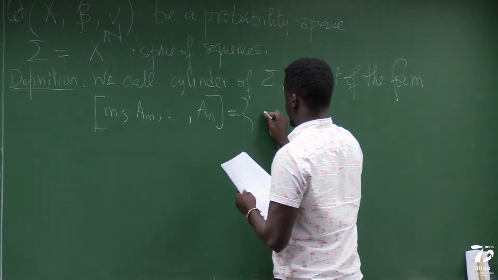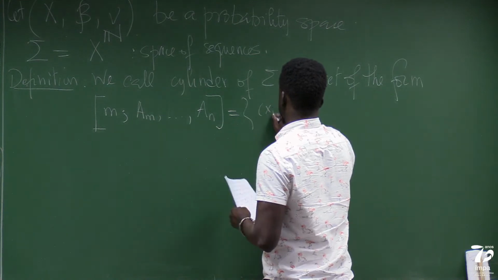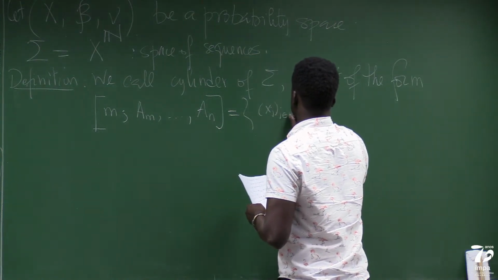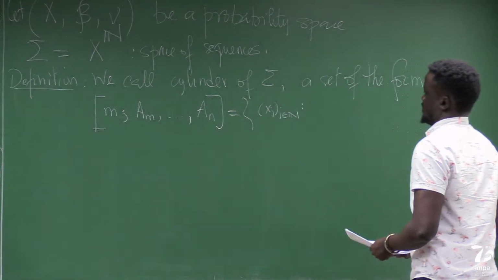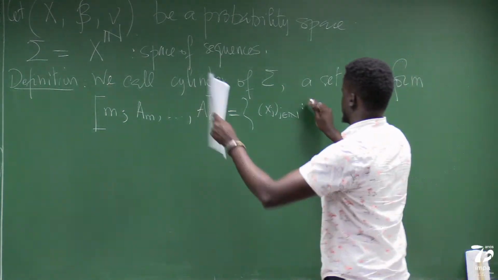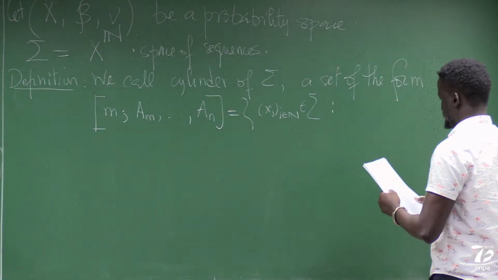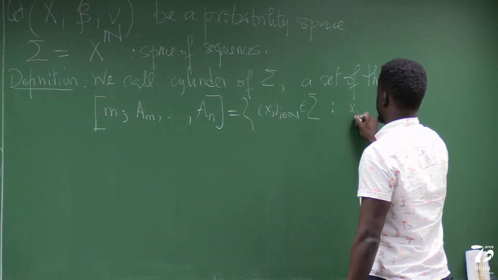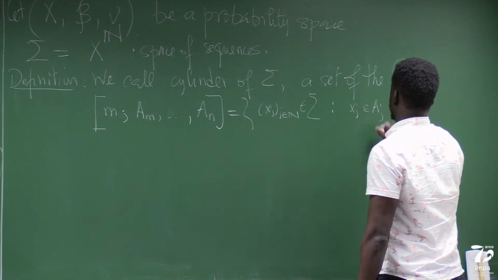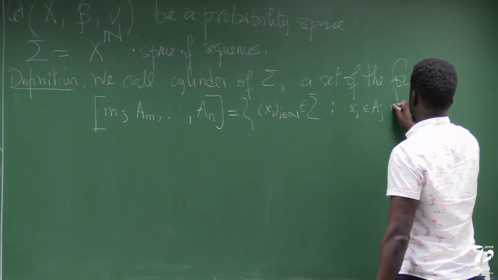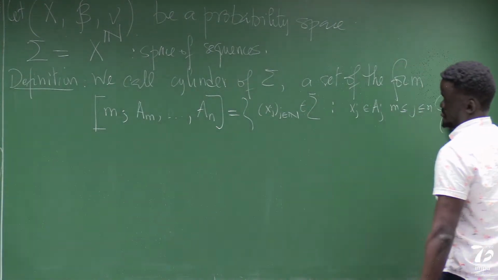This is a set of sequences (x_j), j in N, on that space sigma, that says that x_j is in a_j for j between m and n.